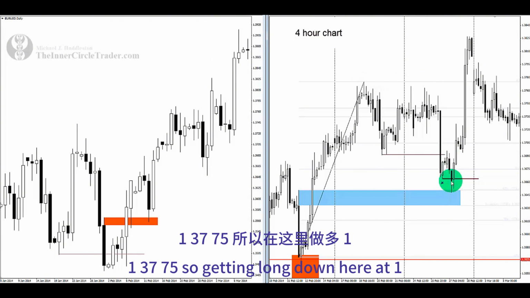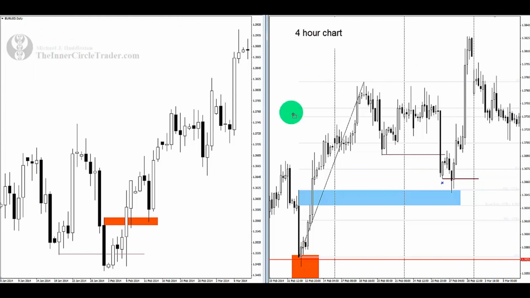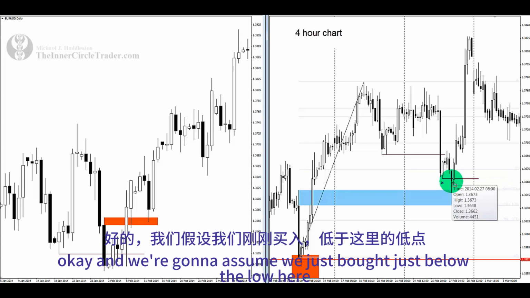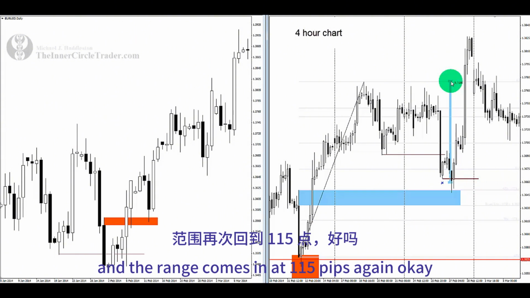So getting long down here at 136.60, the range for this particular setup, and we're going to assume we just bought just below the low here using turtle soup, the range comes in at 115 pips again.